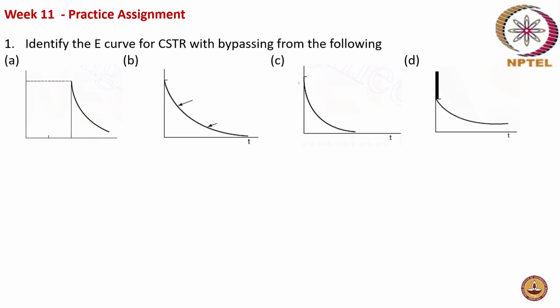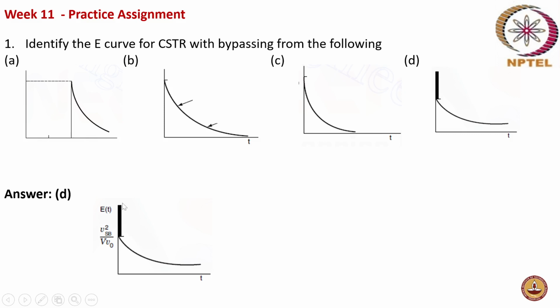We know that in the case of bypassing, a certain amount of fluid without much interaction comes out rapidly from the reactor. We have to keep that in mind and see how the curve looks. So the answer for this is option D. Here we can find that there is an initial rapid fall at time t equal to 0.